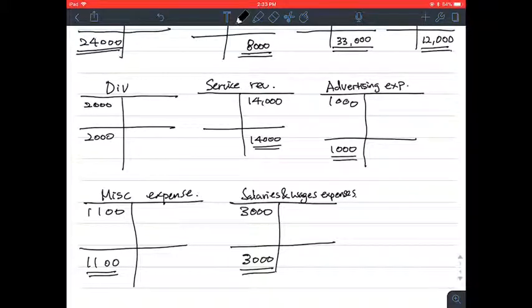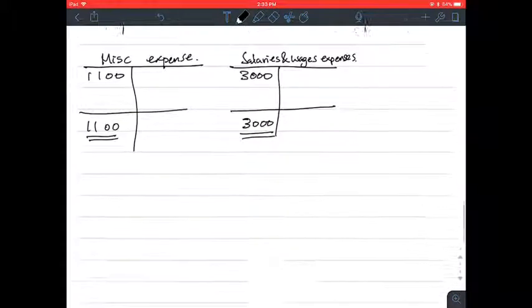So after we are done with the T accounts, we are going to write the trial balance, to see if all the numbers on the debit side and credit side are equal.